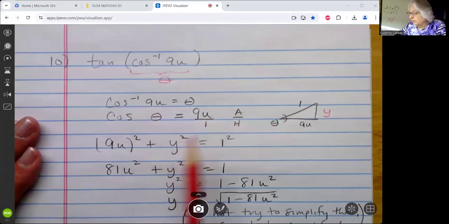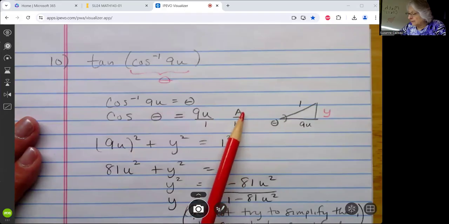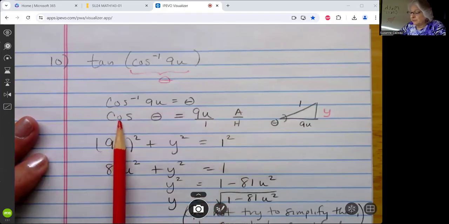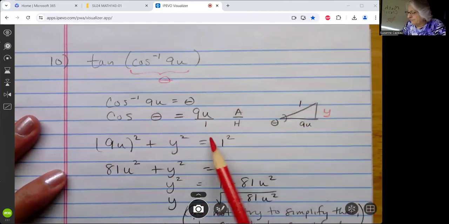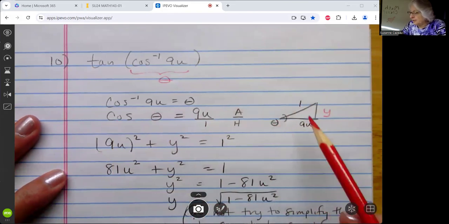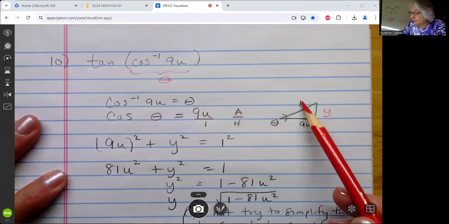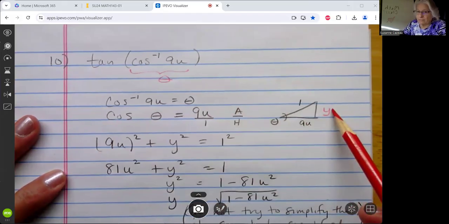9u over 1. Cosine is adjacent over hypotenuse. So here's my triangle: here's theta, adjacent is 9u, the hypotenuse is 1, and we can call this y over here. Let's solve this for y.